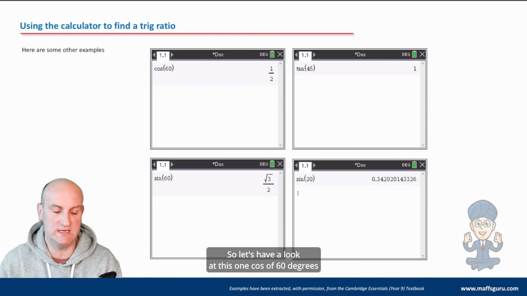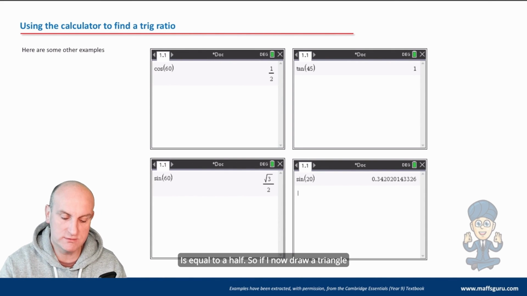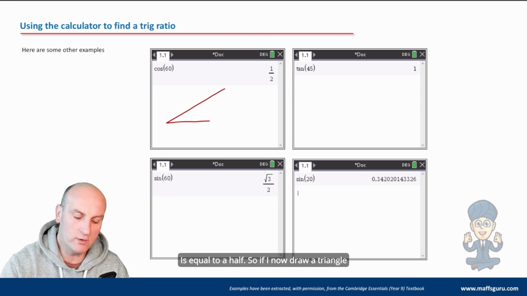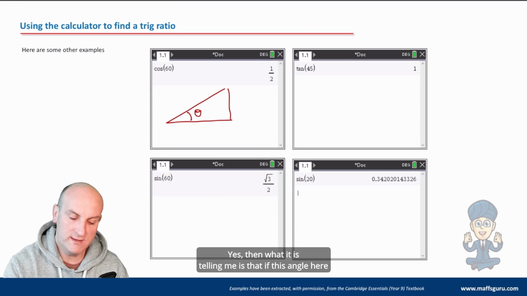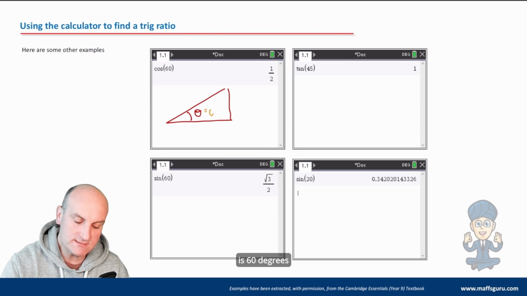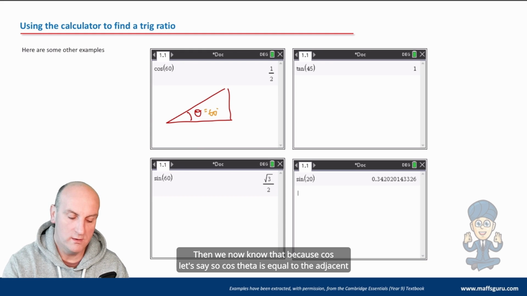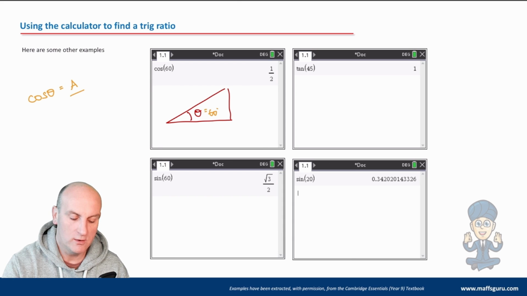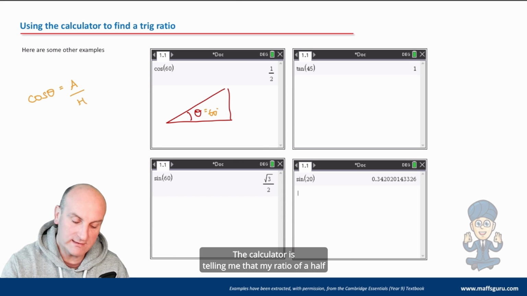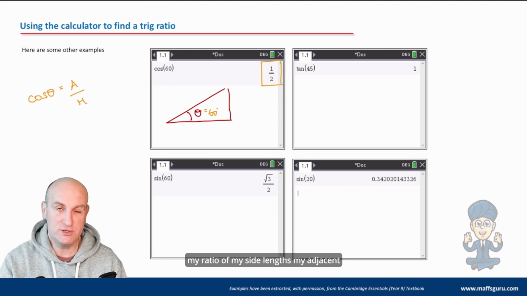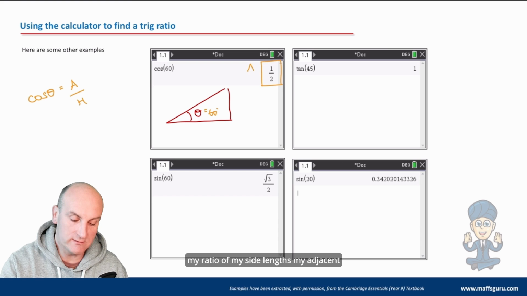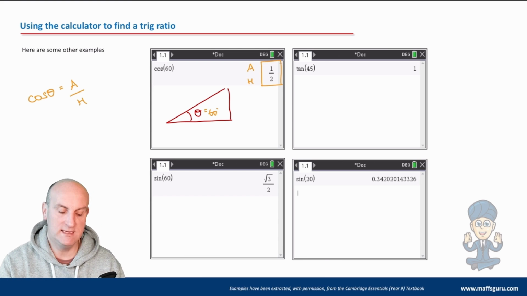So let's have a look at this one. Cos of 60 degrees is equal to a half. So if I now draw a triangle, and I've got this one here as theta, then what it is telling me is that if this angle here is 60 degrees, then because cos theta is equal to the adjacent over the hypotenuse, the calculator is telling me that my ratio of a half, my adjacent over my hypotenuse, is equal to a half.